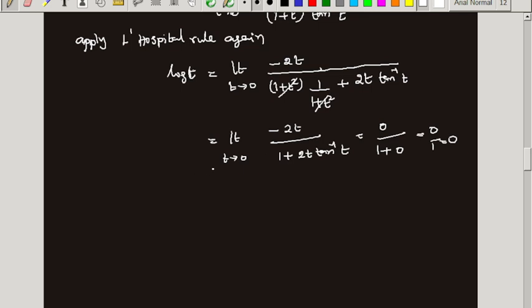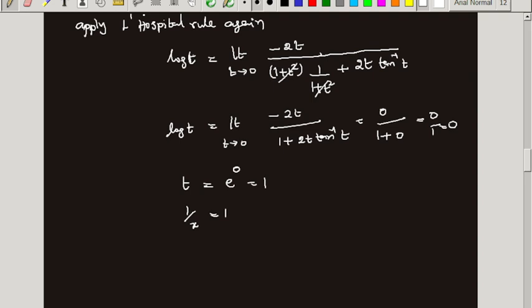On the left hand side, log k is there, so log k equal to 0. k is e power 0.